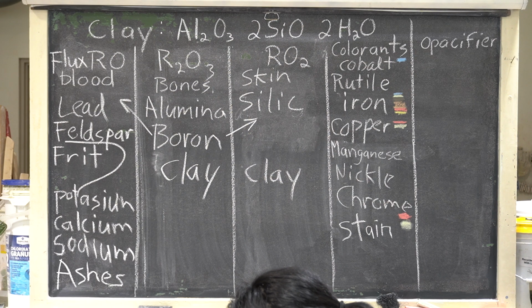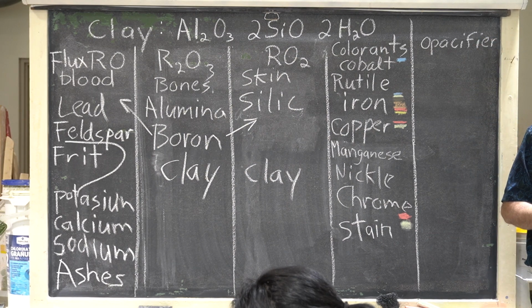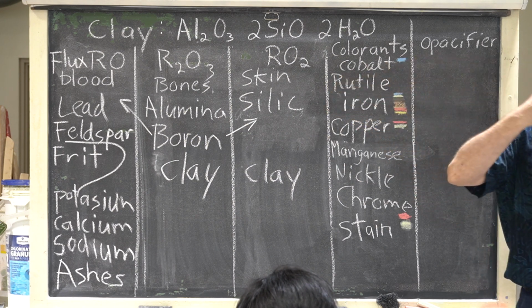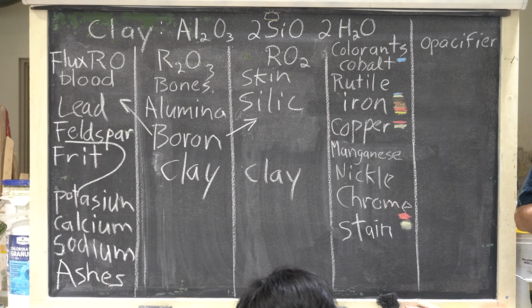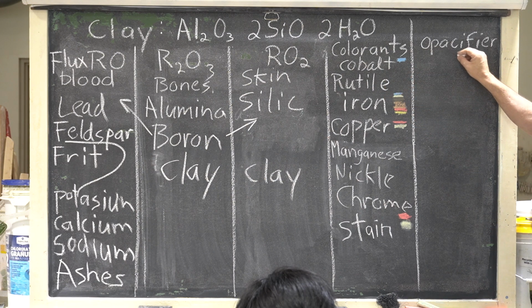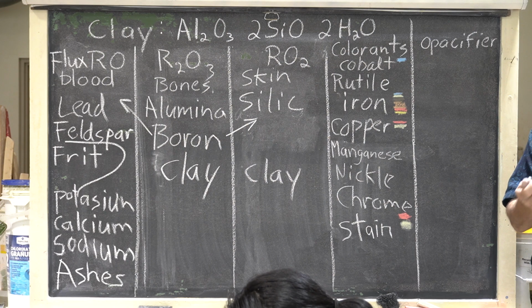But an opacifier, so if it's opaque, what is that in contrast to? Translucent or glossy. So you can have anything in a full range of something that is opaque, but still has a little bit of sheen to it. You can't see through it. It's not translucent.